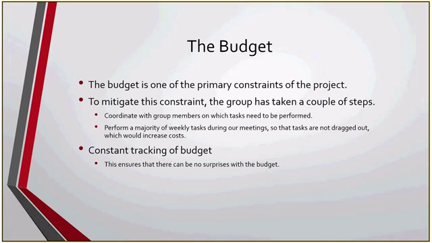Because if we're all there working on most of our work for the week together, we can help each other out when we need it, which allows us to not overflow on time so that more hours than needed aren't being taken up. Another part of the budget is that we're making sure we keep constant track of it, which is an important part of budget management. This way we're always aware of how much money we have left and how quickly we're burning through it.